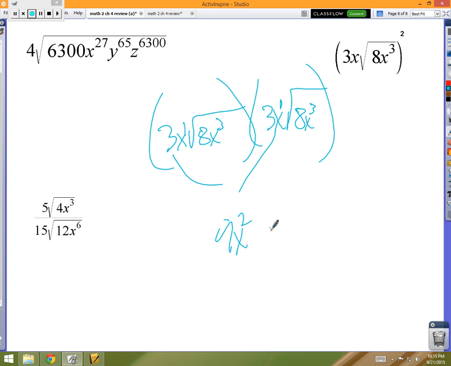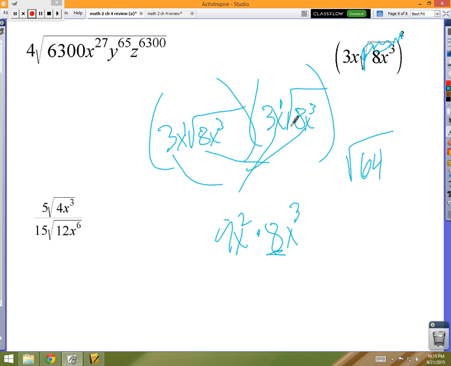And then this square is going to kill this square root. So I'm just going to have times 8x cubed. Because if you times your insides and insides, that's square root of 8 times 8 is 64, and square root of 64 is 8.